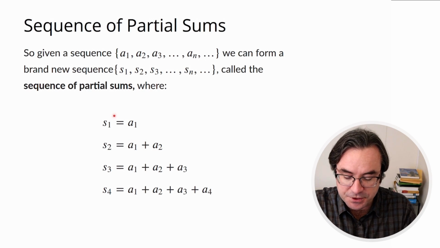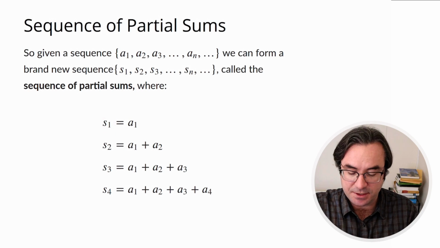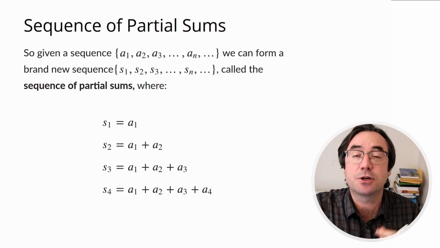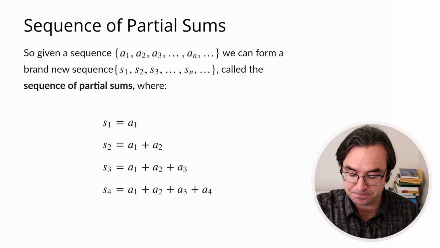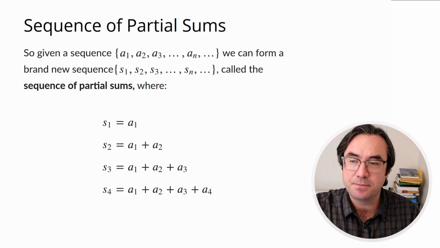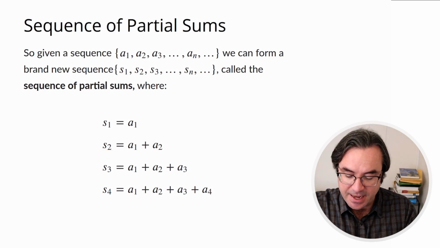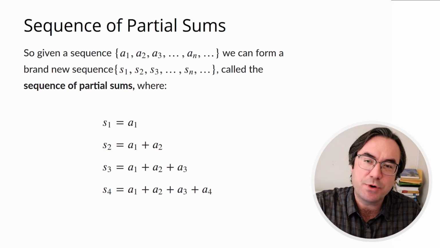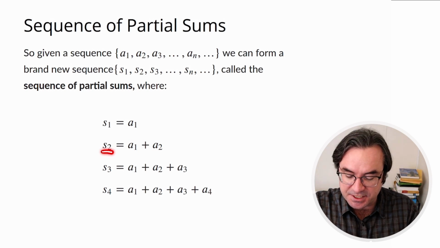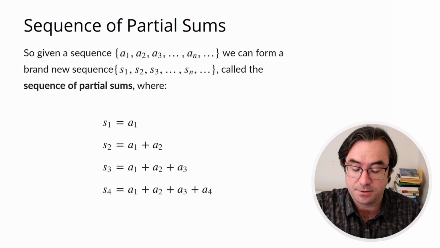So the first term in this sequence is just the first term of our original sequence. The second term, this is the sum. You can think of this, the way you can kind of read this notation is that this is the sum of the first two terms.